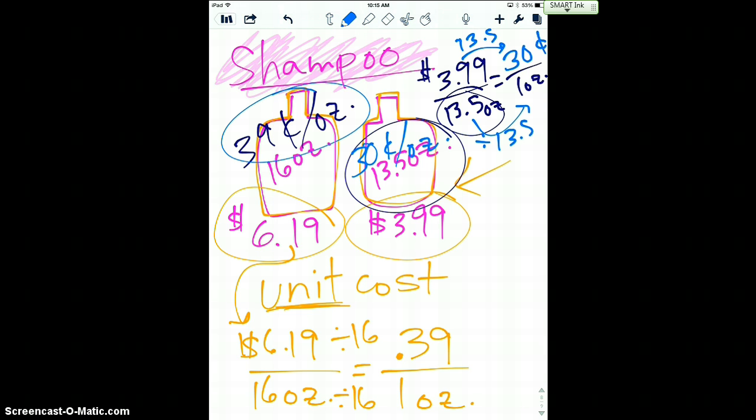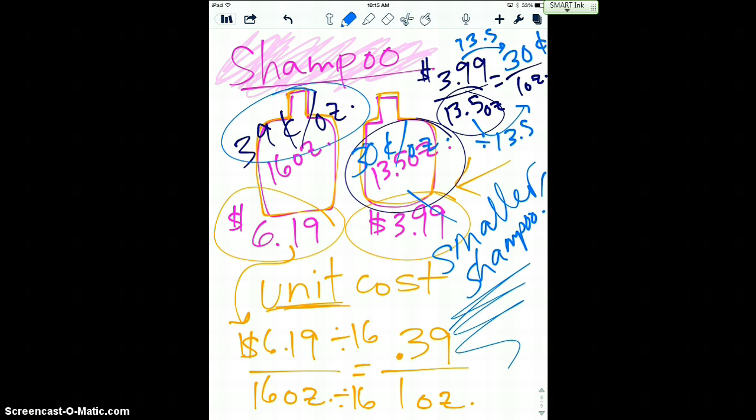So which one's the better deal? The smaller shampoo in this case. You might have thought the bigger one, because I'm only paying 30 cents per ounce compared to 39 per ounce. You might say, it's only 9 cents per ounce difference. Yeah, but that's money, people. Money you're throwing away. All right, see you in class for some practice with this stuff.